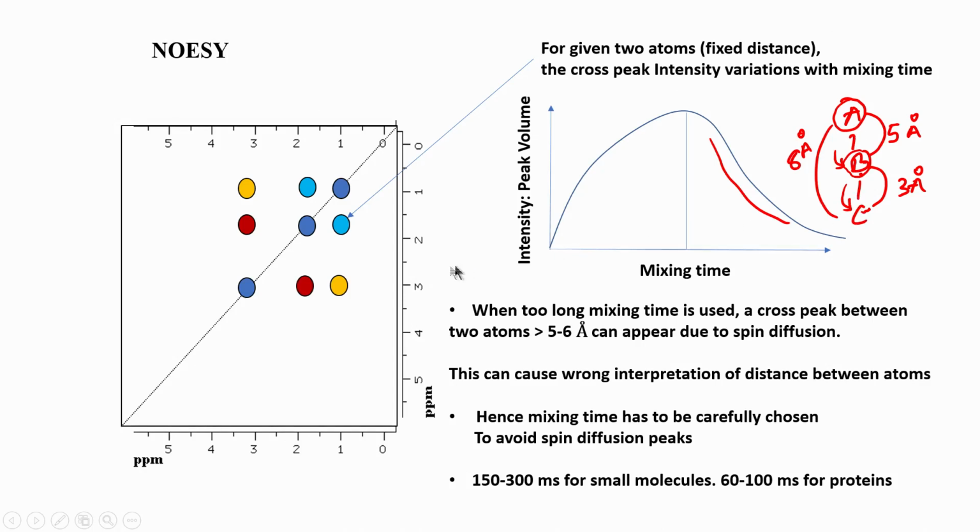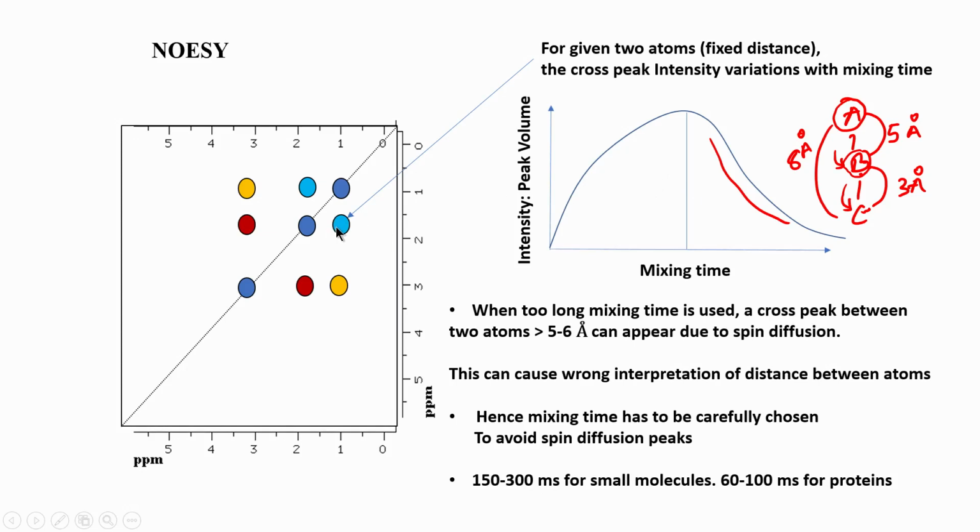Then the cross peak between A and C will start appearing in the spectrum, and that will be misleading, because we will interpret that this cross peak means the distance is less than 5 angstrom, and that is not correct, because that could be because of spin diffusion. So, how do we know whether a peak is because of spin diffusion or a correct peak? The only way is to vary the mixing time and see if the peak intensity is decreasing or increasing.